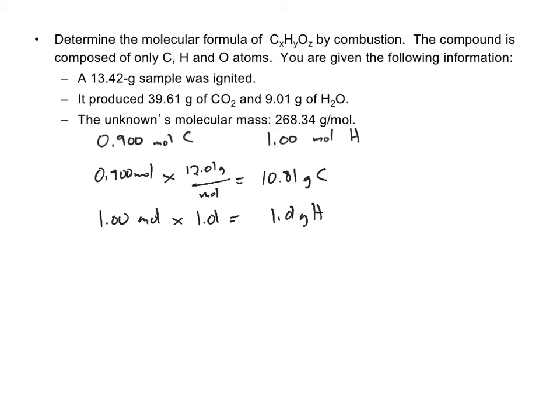And so now take the total mass of the compound, subtract the mass of carbon, subtract the mass of hydrogen, and I'm left with 1.6 grams. And so that's the mass of oxygen.